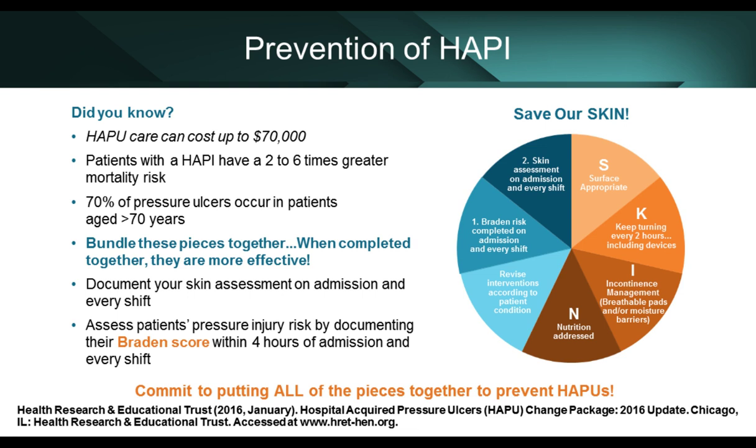And you can see this kind of mirrors the 4 components of CMS. So all of your measures and your processes and your structures should really support outcomes. Commit to putting all of the pieces together to prevent a pressure injury.